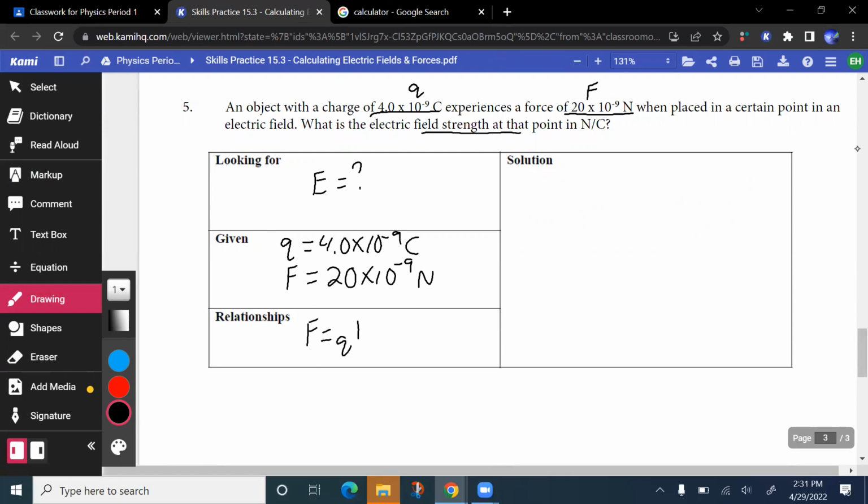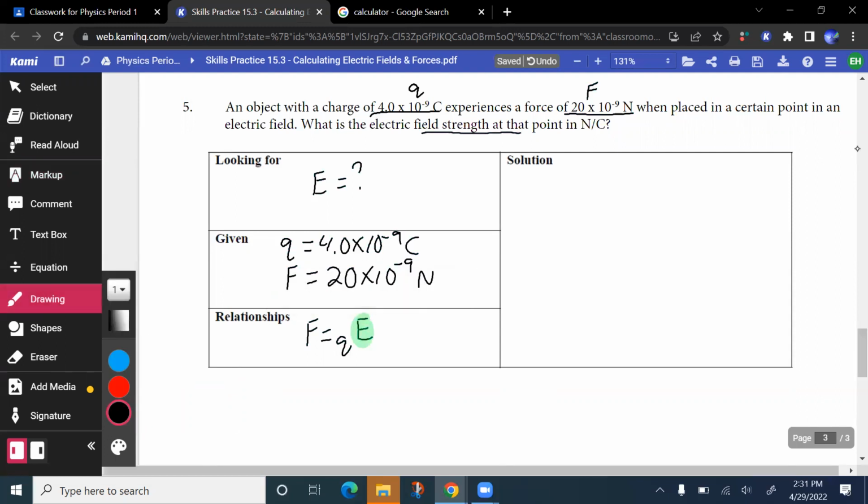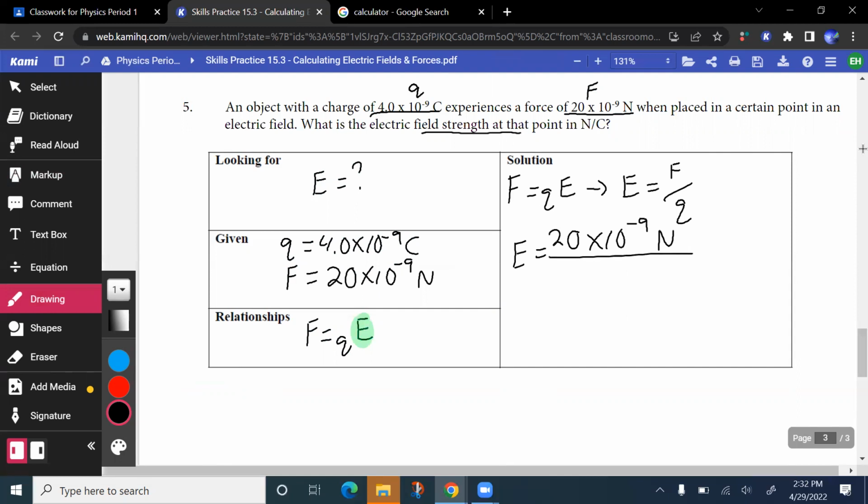F equals QE is our equation. And again, you're solving for E. So F equals QE gets rewritten as E equals F divided by Q, because we divide both sides of the equation by Q. Plug in, and it's 20 times 10 to the negative 9 newtons divided by 4 times 10 to the negative 9 coulombs.